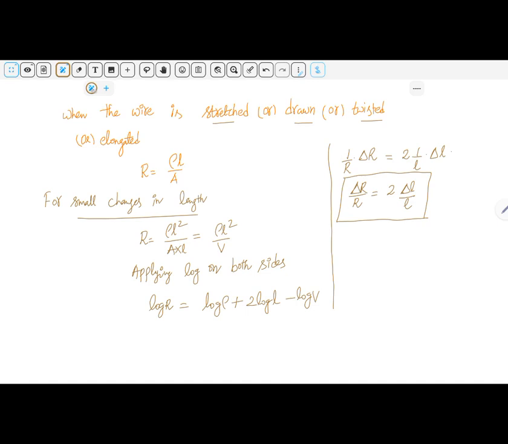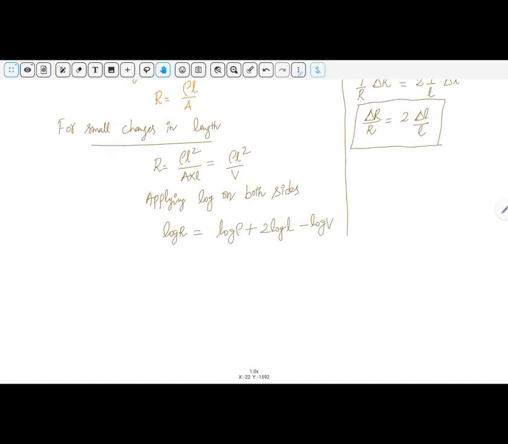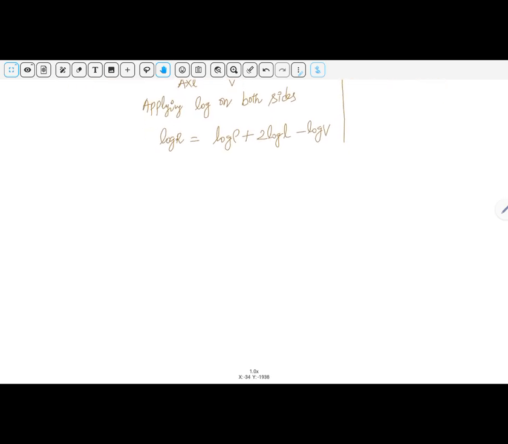Next we will observe what happens to the change in resistance for small changes in area of cross section.